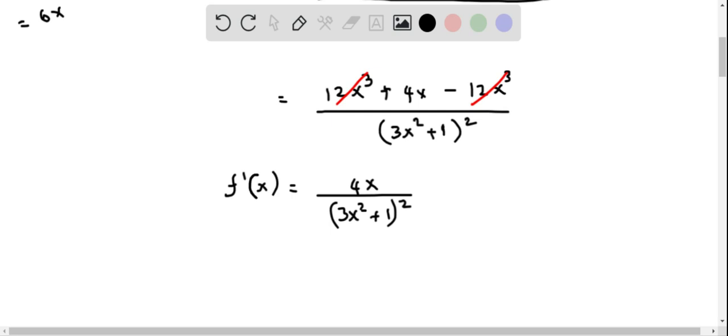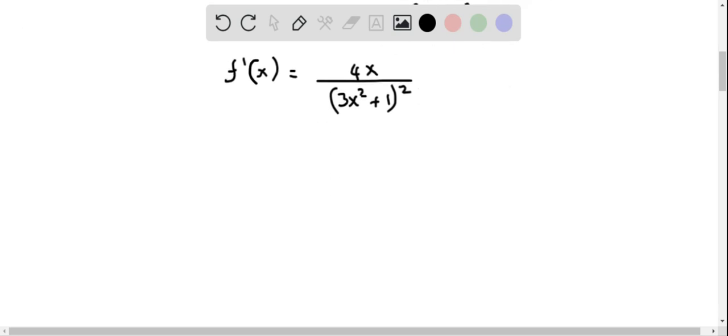Now let's find the second derivative of f of x. So we differentiate this f prime of x on both sides. We will have f double prime of x, which is the second derivative of f of x, and this equals, once again we use the quotient rule of differentiation. So first I write the denominator expression, that is 3x squared plus 1 quantity squared, and then multiply with the derivative of 4x.